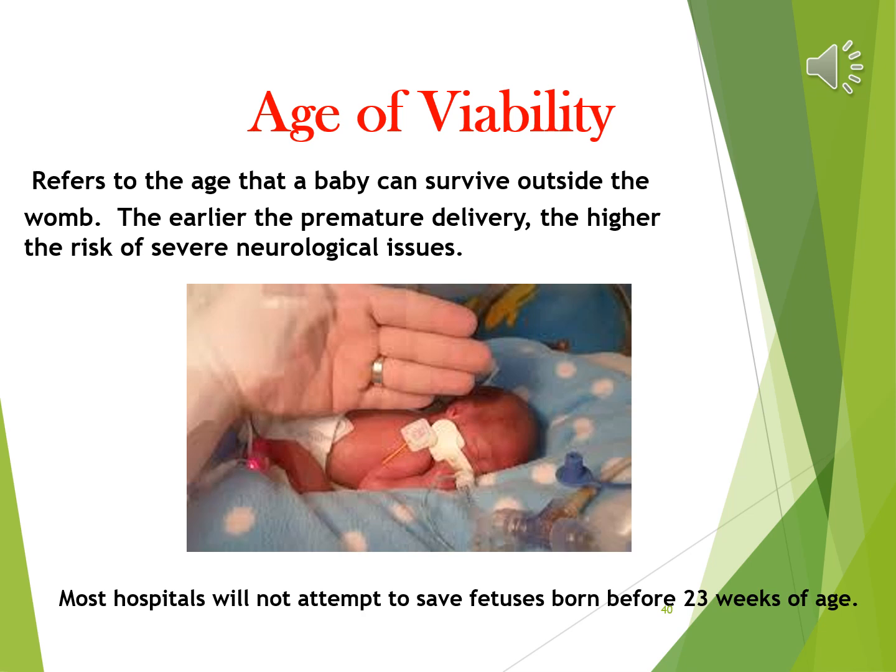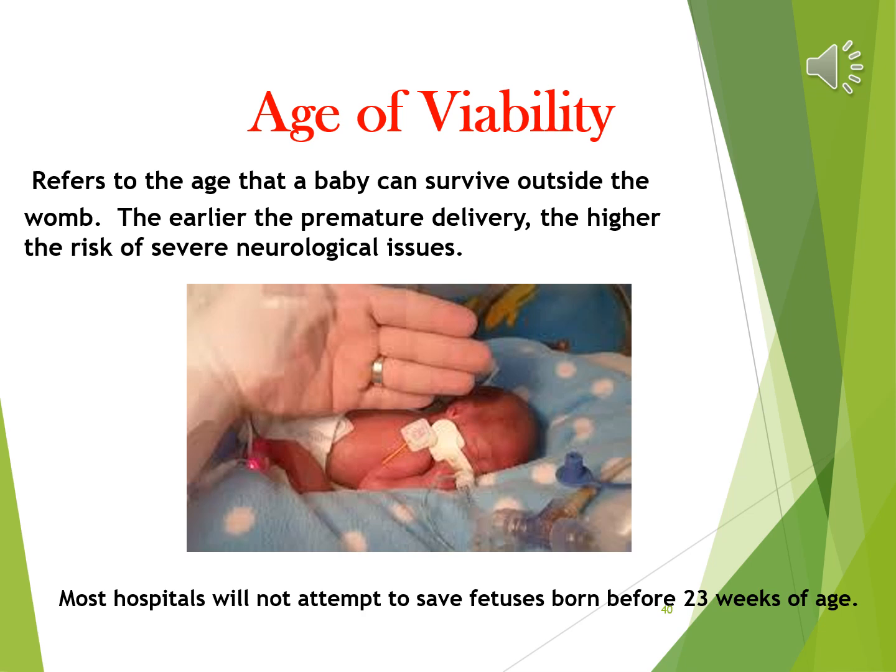There's a dramatic difference in viability between week 23 and 24. At week 23, infants that survive, which would only be about 50%, most will have severe neurological issues such as severe cerebral palsy.